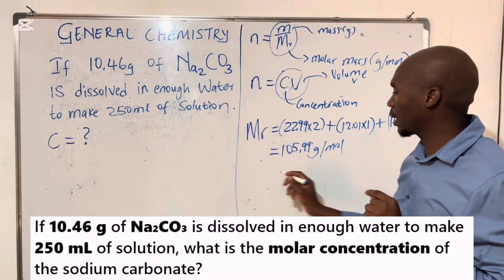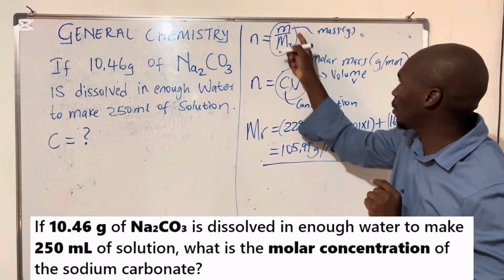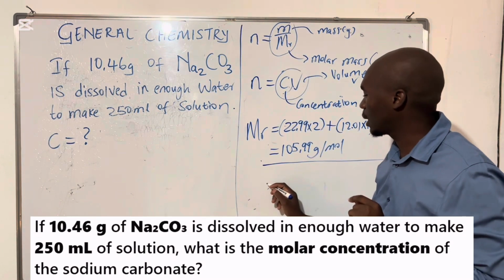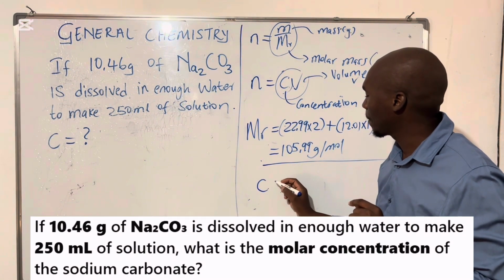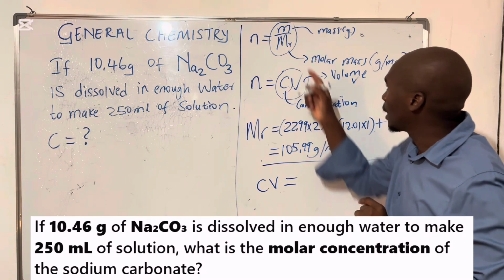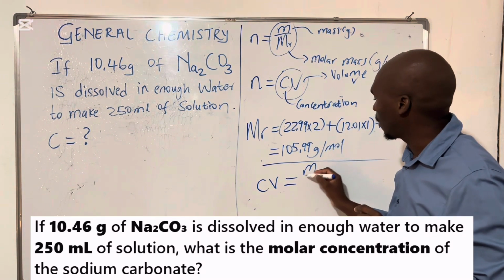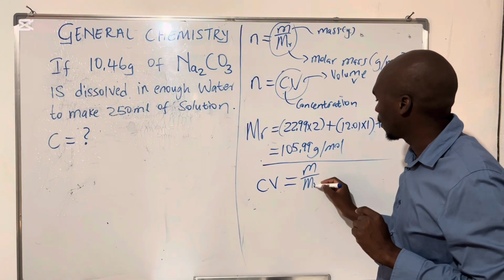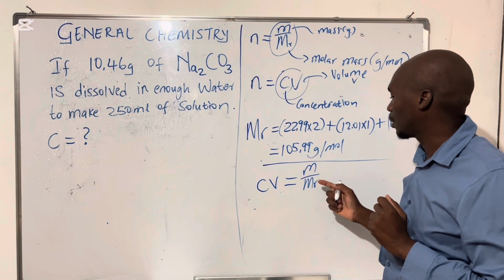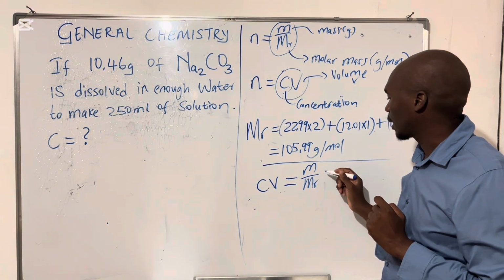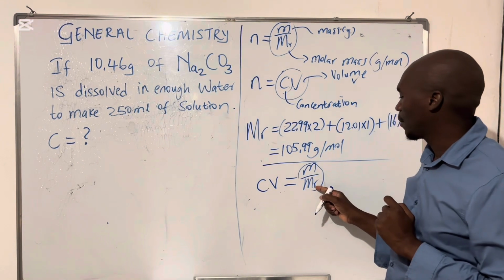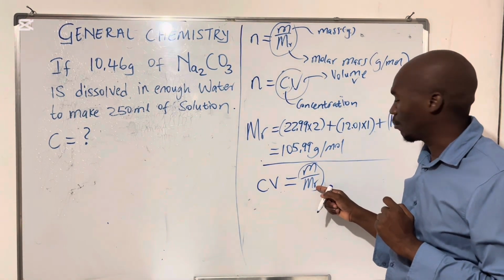So we can now have something like CV, which is this one, is the same as m over molar mass, like this. Then we can rearrange it like this. If you check it out, this m over molar mass is the number of mole.